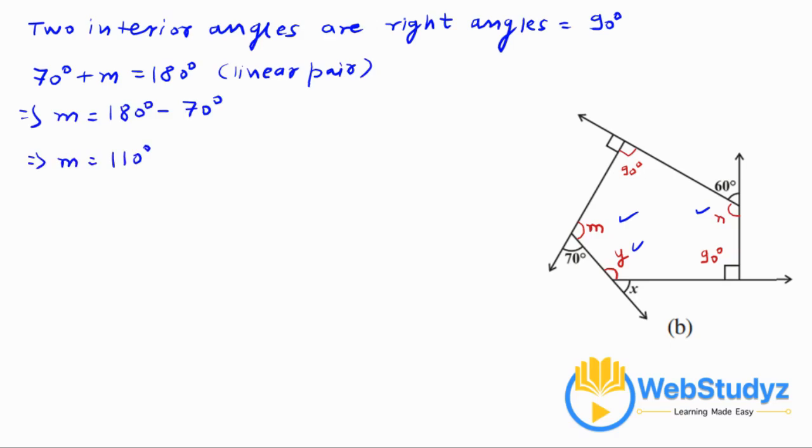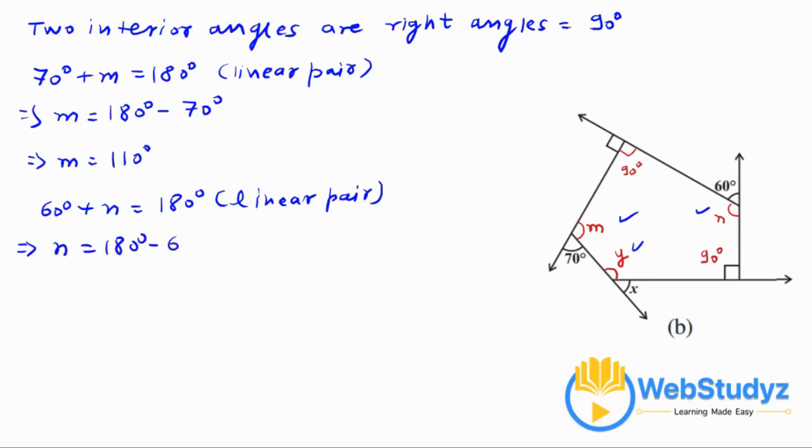Now we can also write 60 degree plus N is equal to 180 degree. Again with the same idea of linear pair, we can find out the value of N, which is equal to 180 degree minus 60 degree, which will give us the value of N as 120 degree.